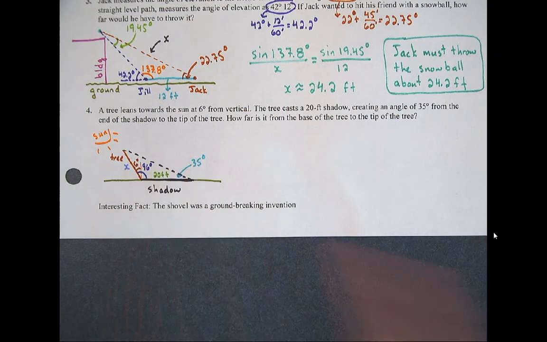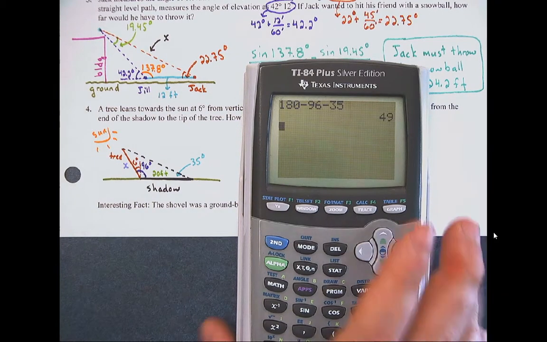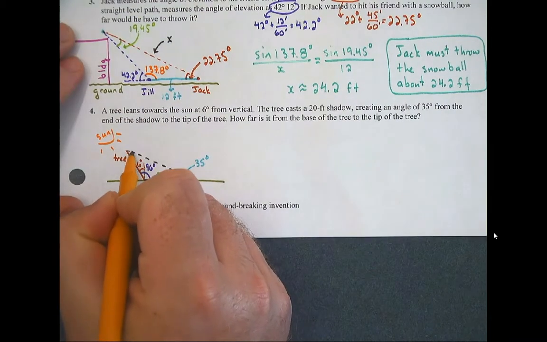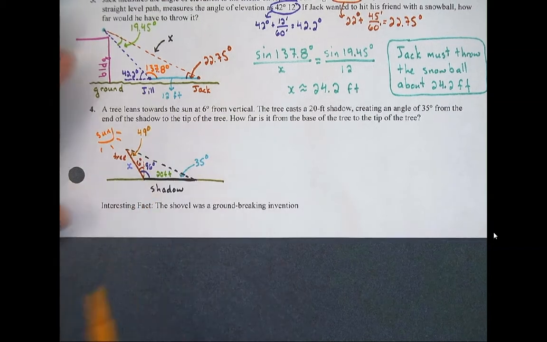Now, if I know two of the angles, I can figure out that third angle. So that would be 180, subtract the 96, subtract the 35. So this angle up here is 49 degrees. All right, let's set up a law of sines on this now.